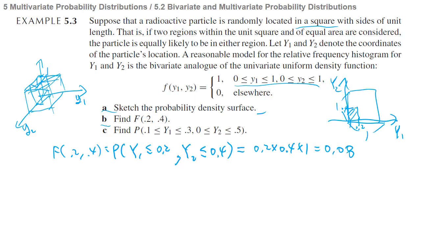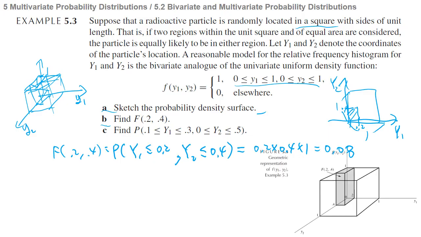So this is F(0.2, 0.4), and actually figure 5.3 describes the situation. Since my graph is not very good, I will replace it with this.